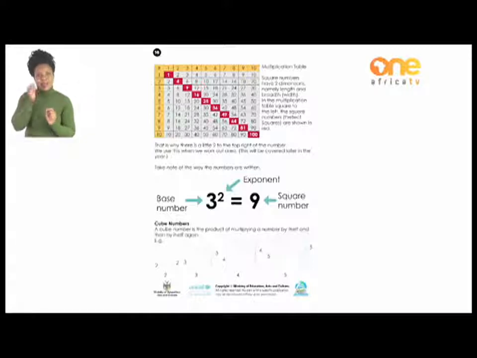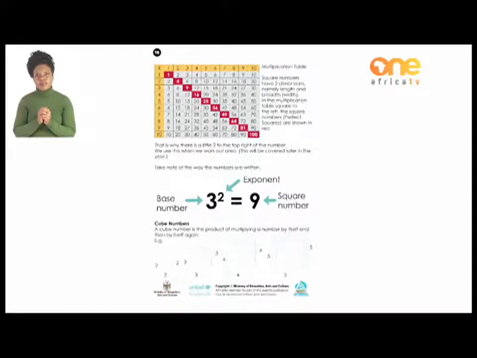On the right side is a multiplication table whereby we have square numbers. Square numbers have 2 dimensions, namely length and breadth, which is also the width. In the multiplication table square, to the left, the square numbers, or perfect squares, are shown in red.